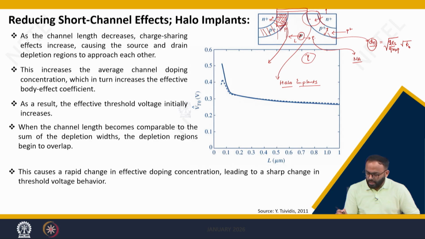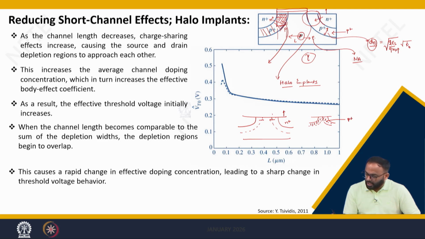Now, if you provide halo pockets or halo implants near the source end, and you increase the voltage, then the depletion regions come closer to each other. If you increase the voltage to a very high value, and the channel length is significantly small, the pockets' depletion regions will touch each other, and hence the overall doping here will be very high, which is P plus.